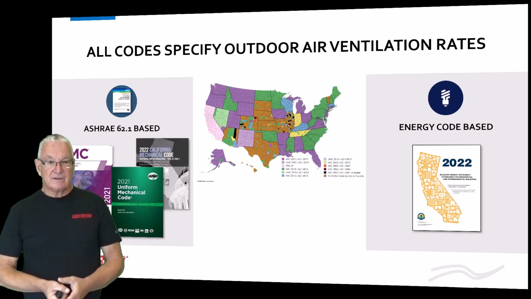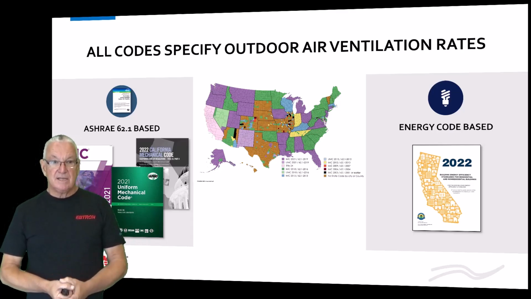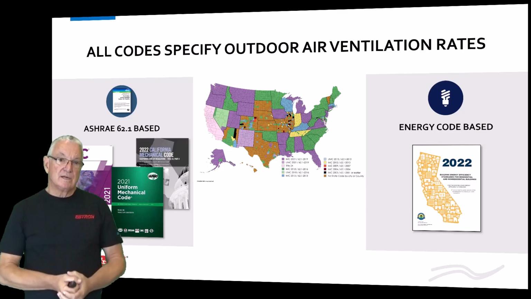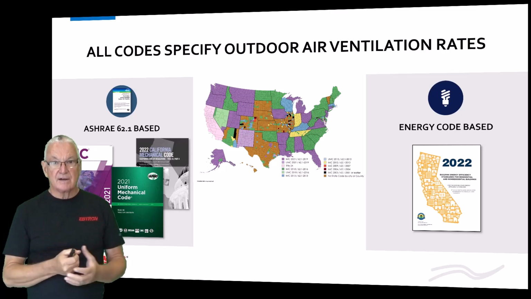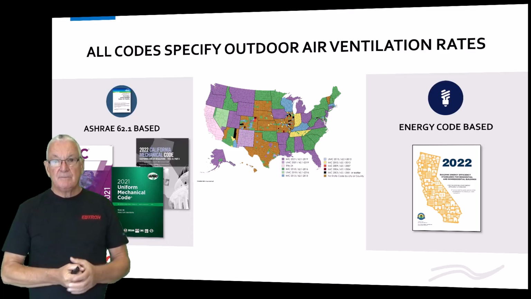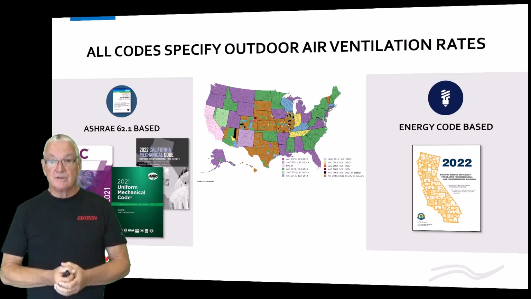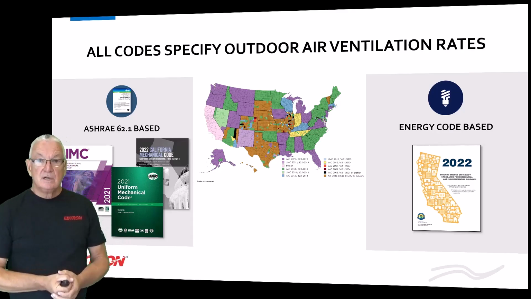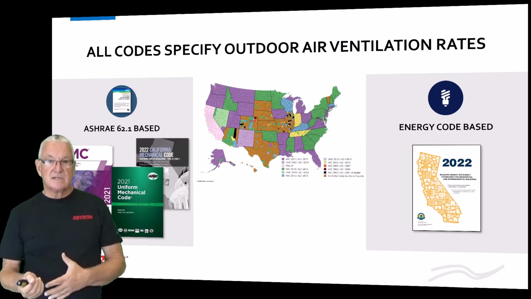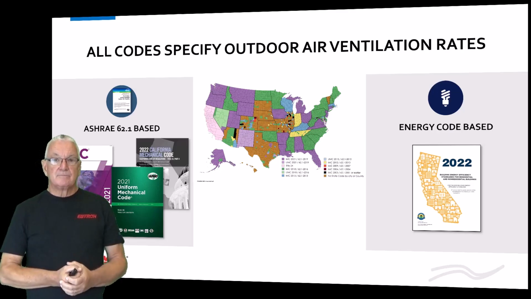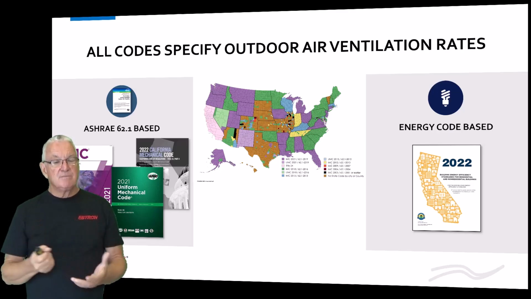It doesn't matter if it's the IMC, the UMC, even in California, California's mechanical code, they're based on Standard 62, but they're airflow rate based standards. Then you have, of course, also in California, for those of you from California, the California Energy Code, which is Title 24, Part 6, and it's still a rate-based standard.